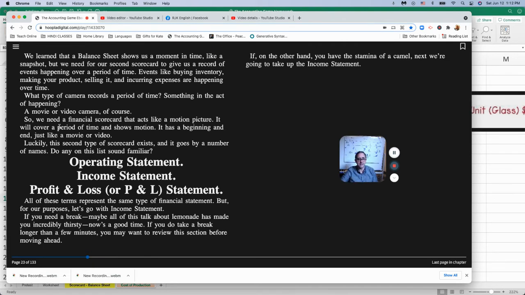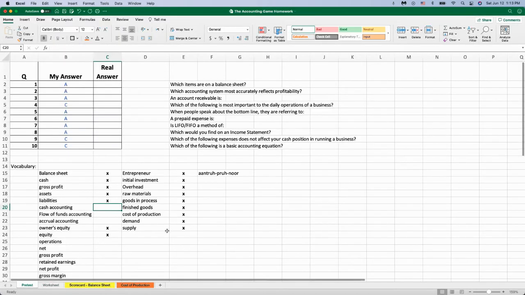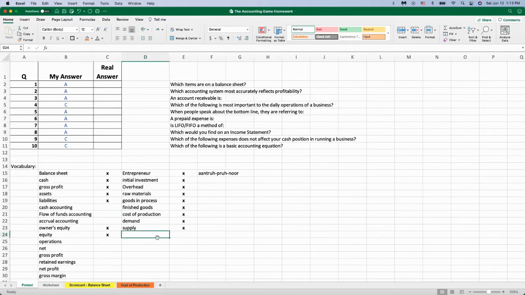Luckily, the second type of scorecard exists, and it goes by a couple names: operating statement, income statement, profit and loss statement. So we're going to add that to our vocabulary: operating statement, income statement, P&L statement, profit and loss.